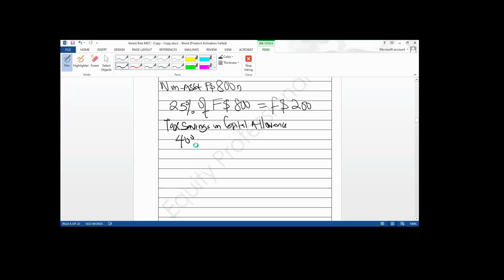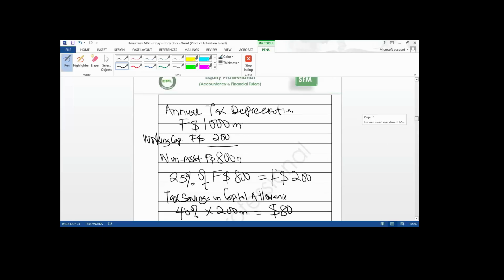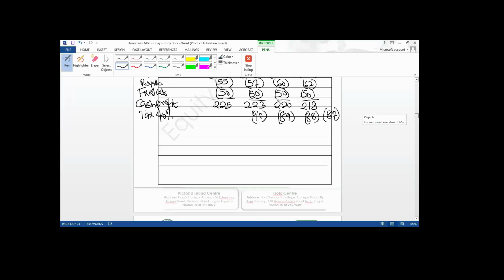So 40% of 200 million will give you 80 million. That means your tax liability will be reduced by 80 million. Once you have this, just return here. As soon as you are paying tax, just claim tax savings.